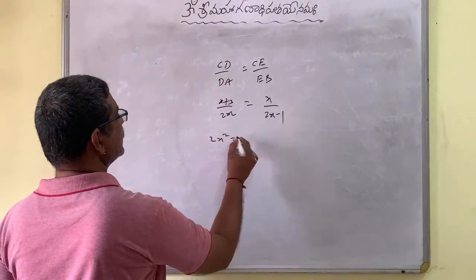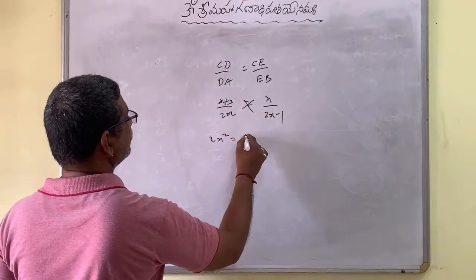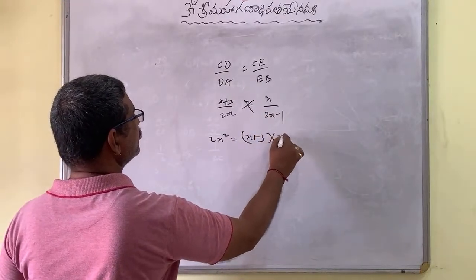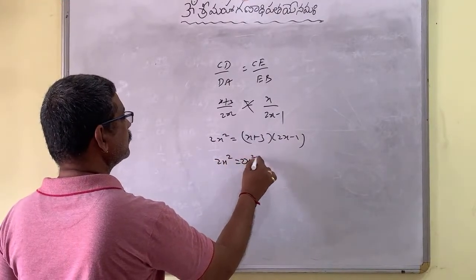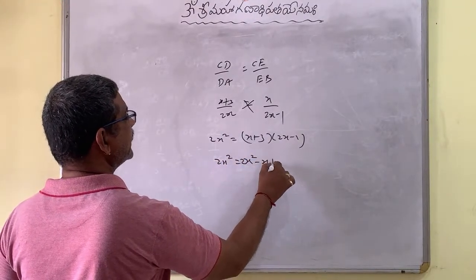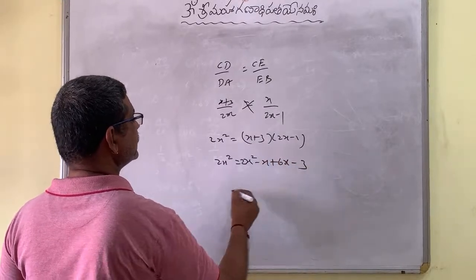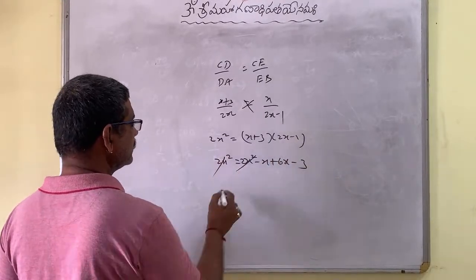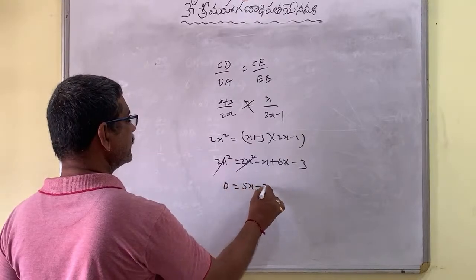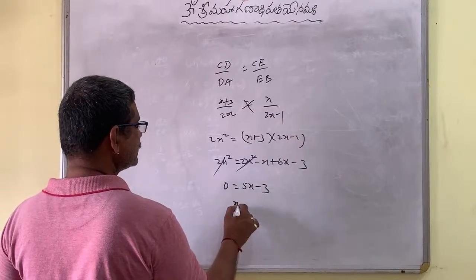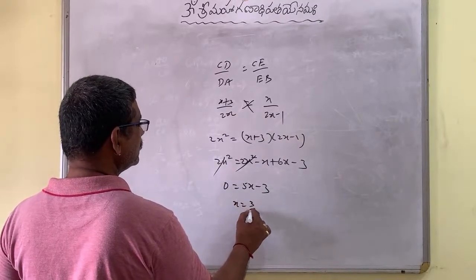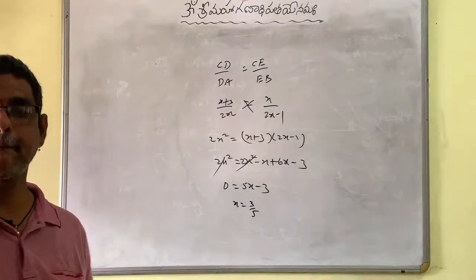So cross multiply: 2x square is equal to (x plus 3) into (2x minus 1). 2x square minus x plus 6x minus 3. These two cancel. 0 is equal to 5x minus 3. x is equal to 3 by 5, but he says negative 3 by 5.